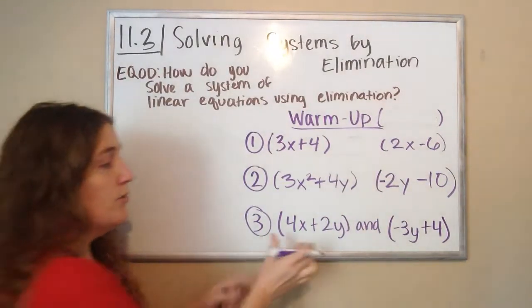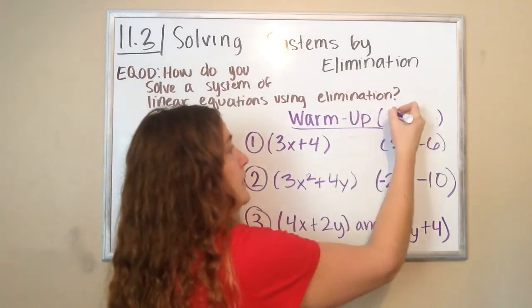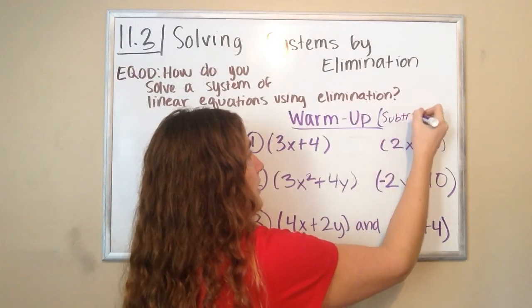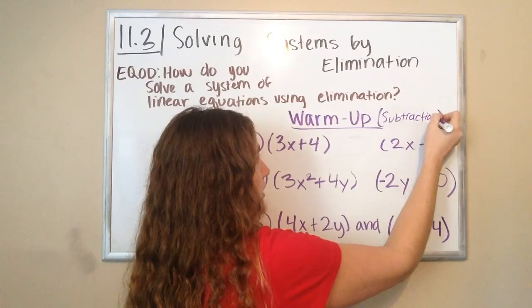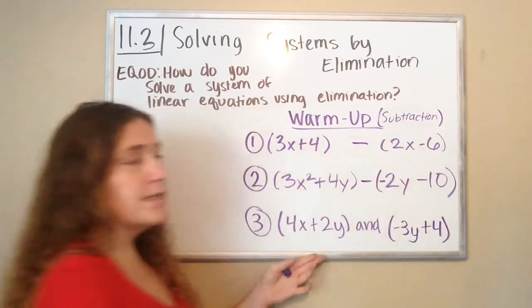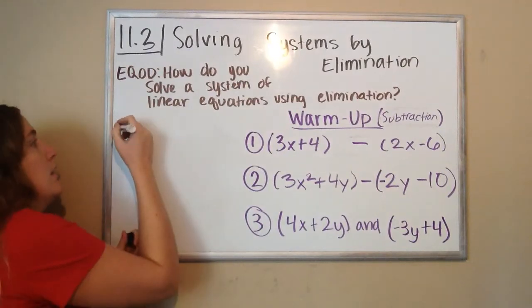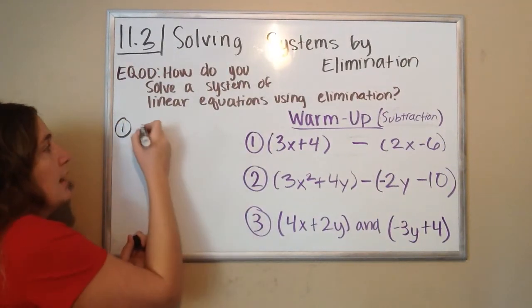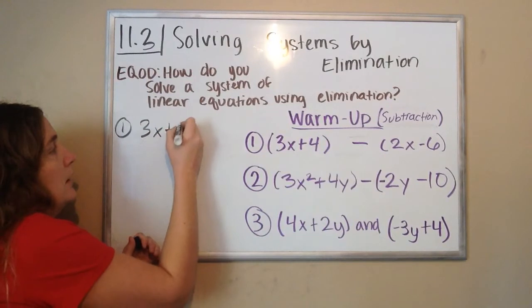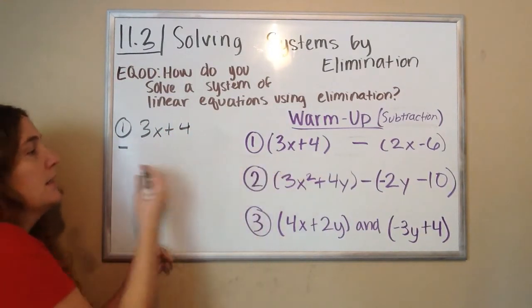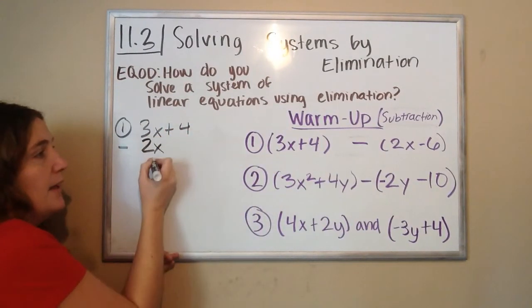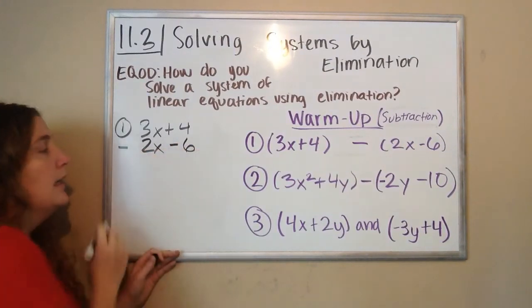Alright, if you're back with me, you just did this on the left-hand side, you added them together. Now we're going to move on to make sure that we can subtract. Okay? We're still going to write it in the same form that we did last time. So if I do number 1 right here, we're going to do 3x plus 4, and then we're going to go minus 2x, still lining up the x's, minus 6.